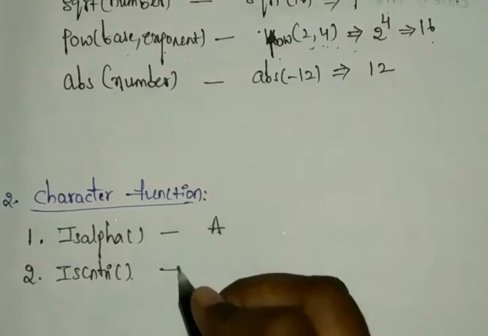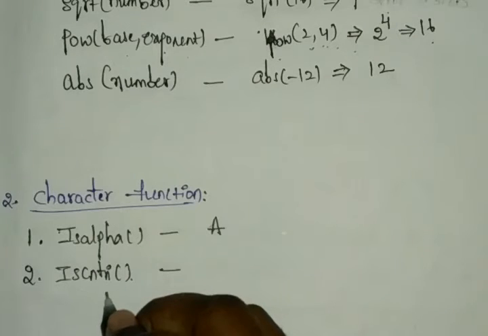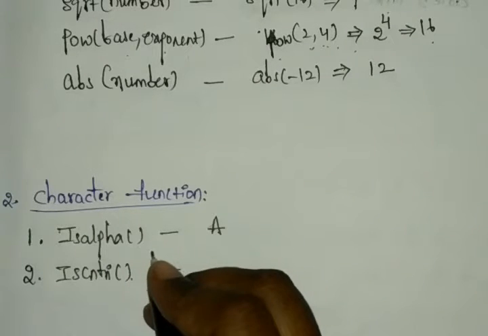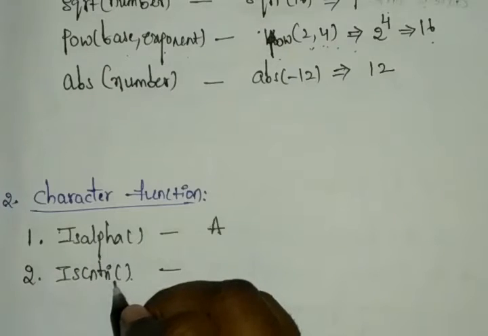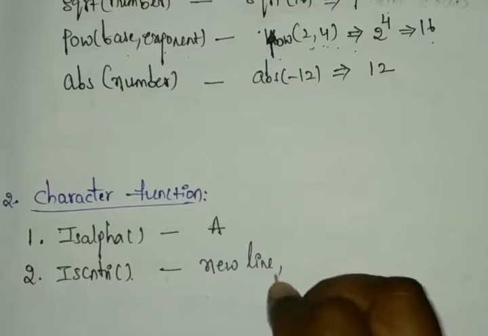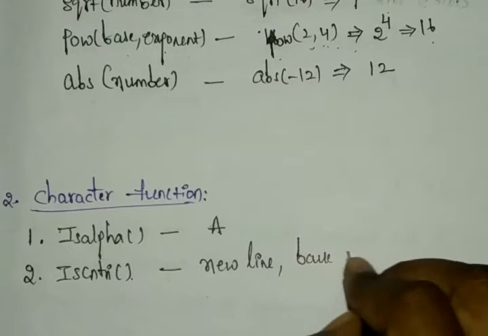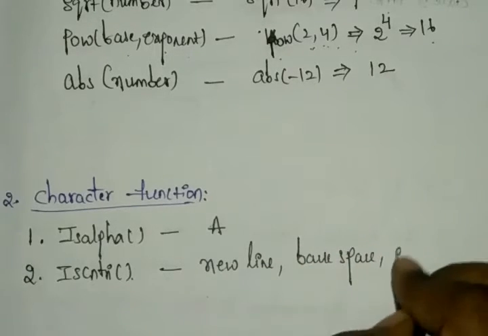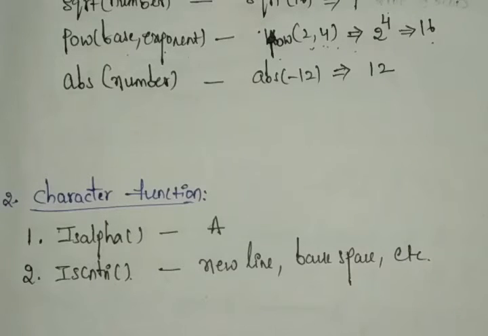Once we use iscntrl, it controls characters like new line, and also backspace, etc. If you use this control type, like new line or backspace, this is non-zero. If you do not enter anything, it is zero only.